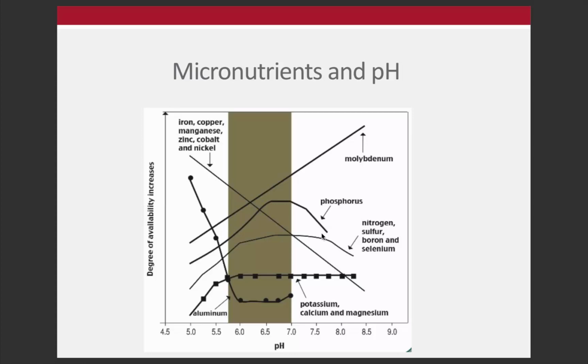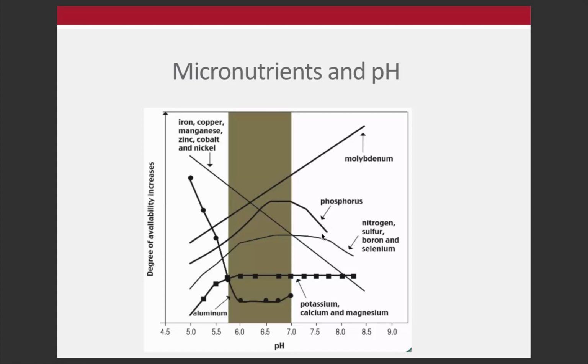Particularly on organic or muck soils, when we have higher pHs than normal, we can induce micronutrient deficiency. With over-applications of lime, for example, you might find micronutrient deficiencies, or in calcareous soils where pHs naturally occur above 7.